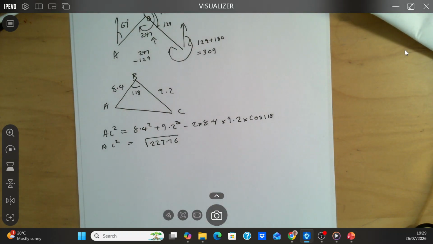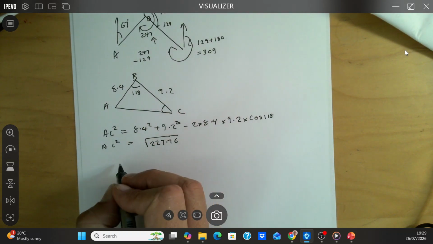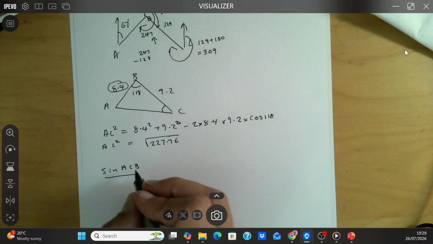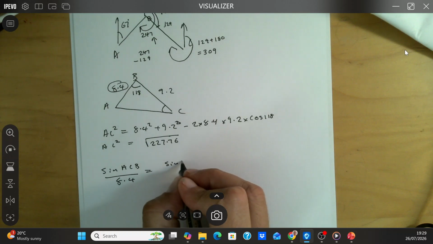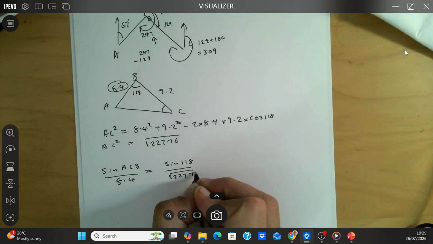So I can now use my sine rule to work out this angle. So sine ACB, opposite is 8.4. So sine ACB over 8.4 must equal sine 118 divided by the square root of 227.76.